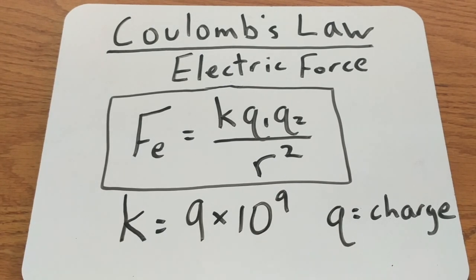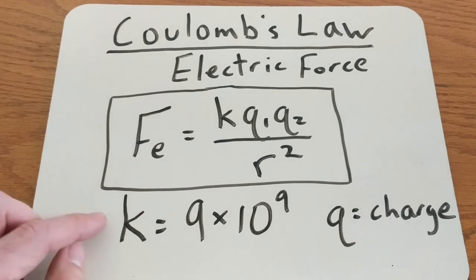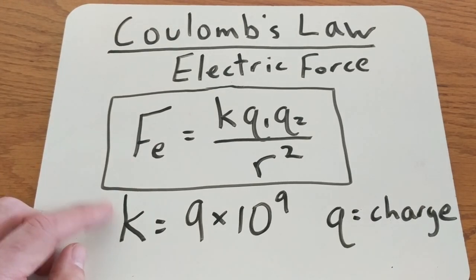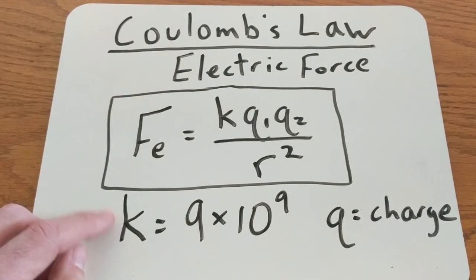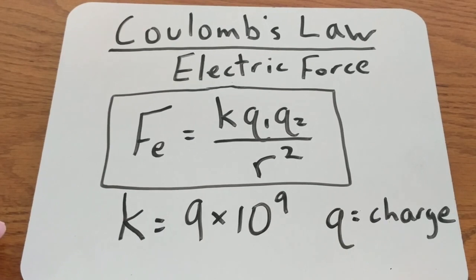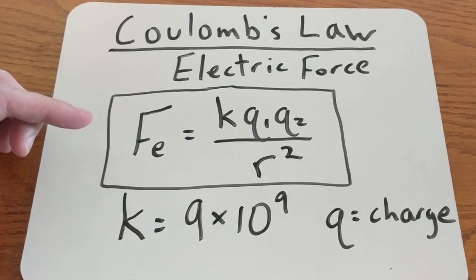And if you compare that with Newton's law, big G is 6.67 times 10 to the negative 11. So the constant in this universe, the electric constant, which we call K, is a tremendous number, tremendously bigger than big G, and that's why electric force is so much stronger.